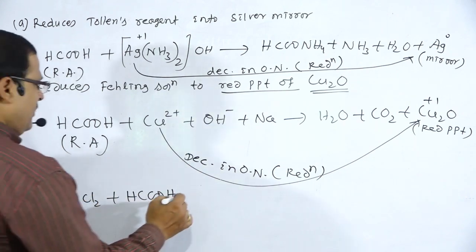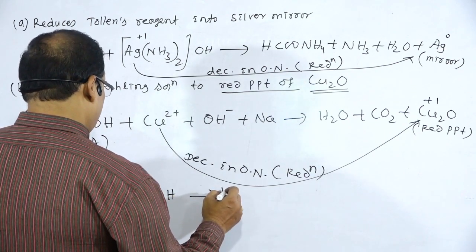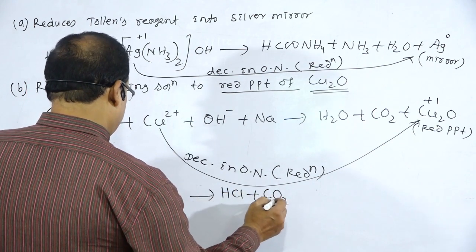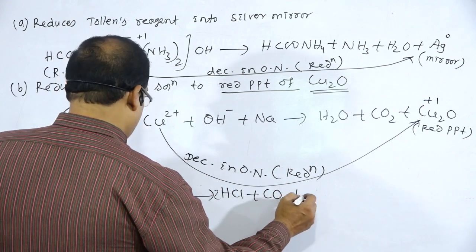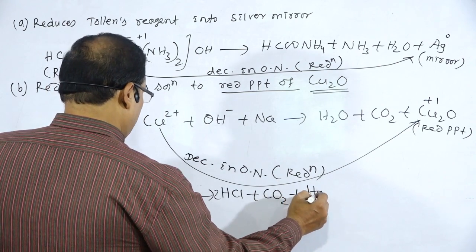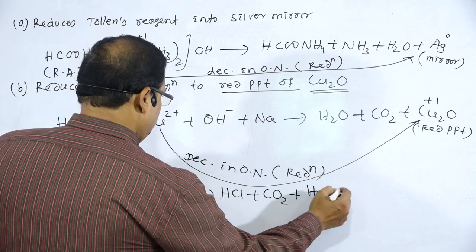So there is the formation of H2O, carbon dioxide, 2HCl, and Hg2Cl2. We have to balance that equation.